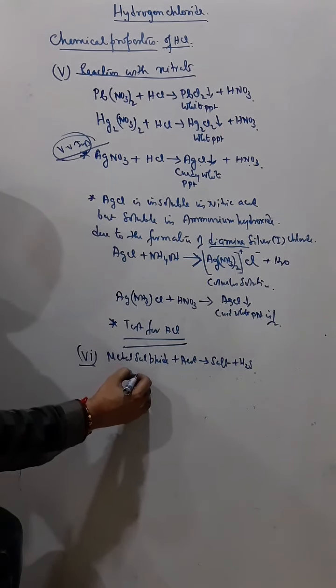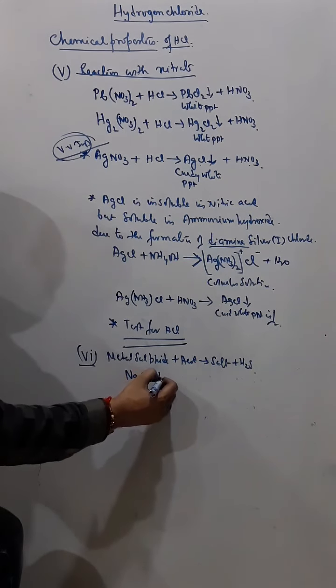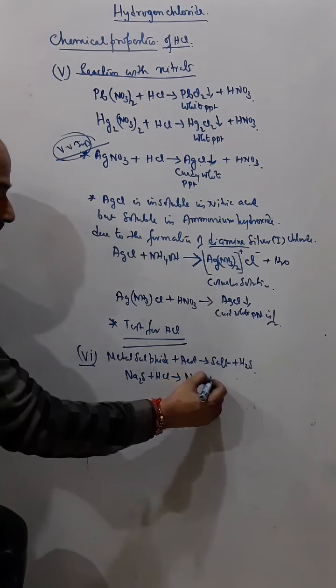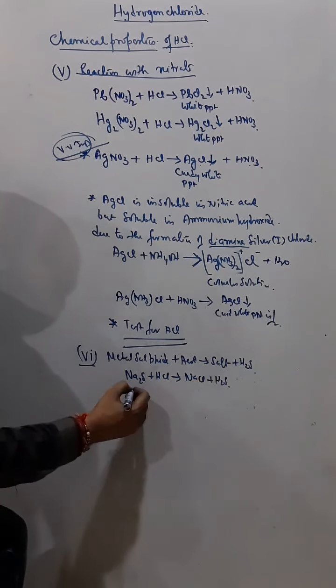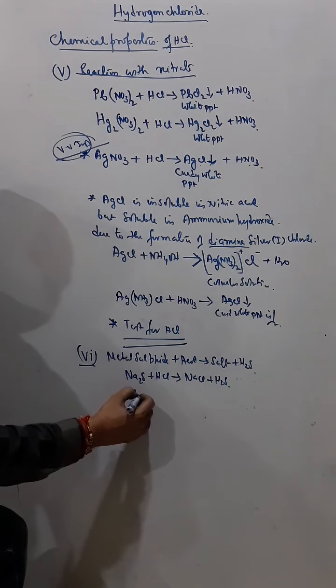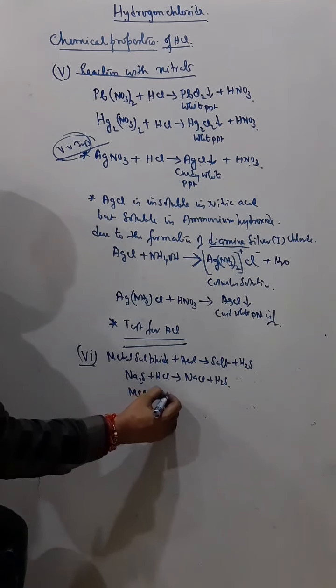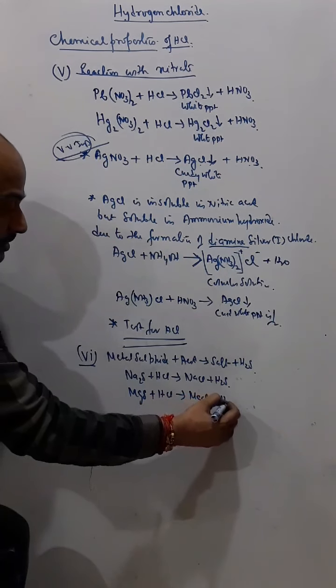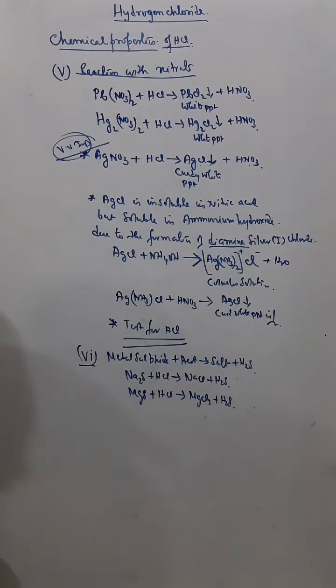Say sodium sulfide plus HCl will give you NaCl plus H2S. Say MgS plus HCl will again give you MgCl2 plus H2S.